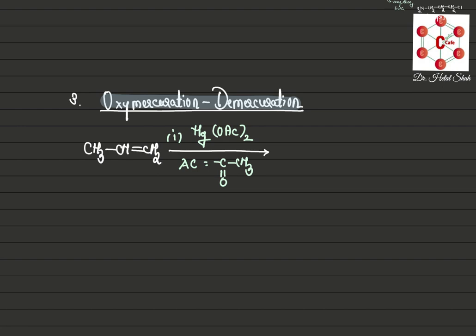That's Ac. Yeah, acetyl group, I'm sorry. OAc is acetate group. So this is what you have. Now, this is step number 1. And step number 2 is demercuration, which is done by using sodium borohydride. And this would give you CH3, CHOH and CH3.